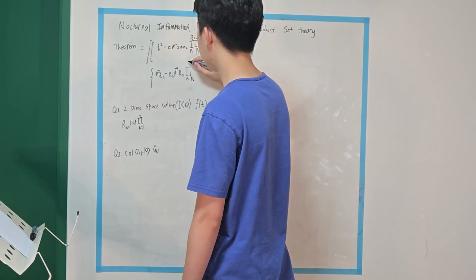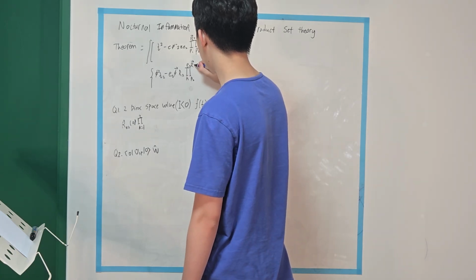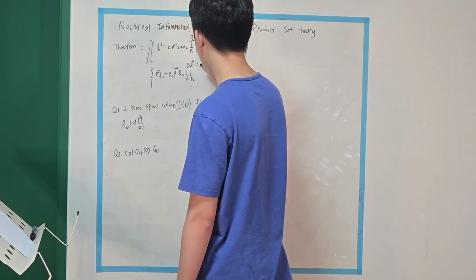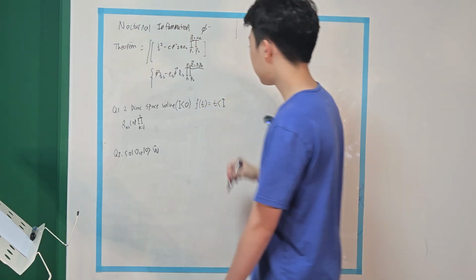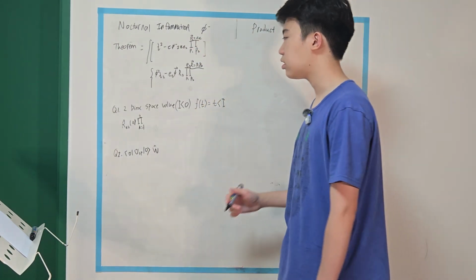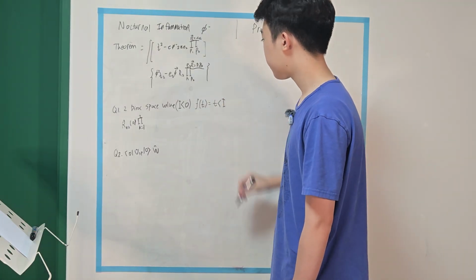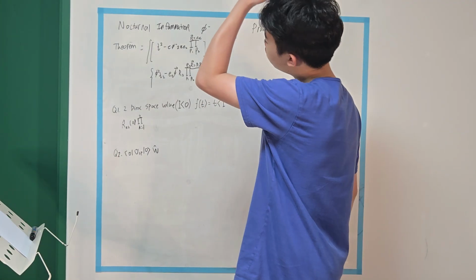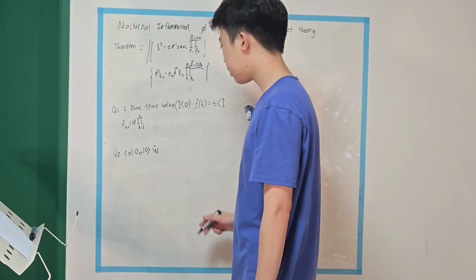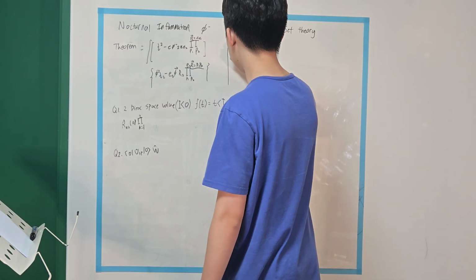The same value is P1, P2, and this one will be E to an R vector equals to P1, P2. This is the product of P1, P2 is equal to E to R vector. And since we know the theorem now, we're gonna draw the graph, and the graph is going to look like this.